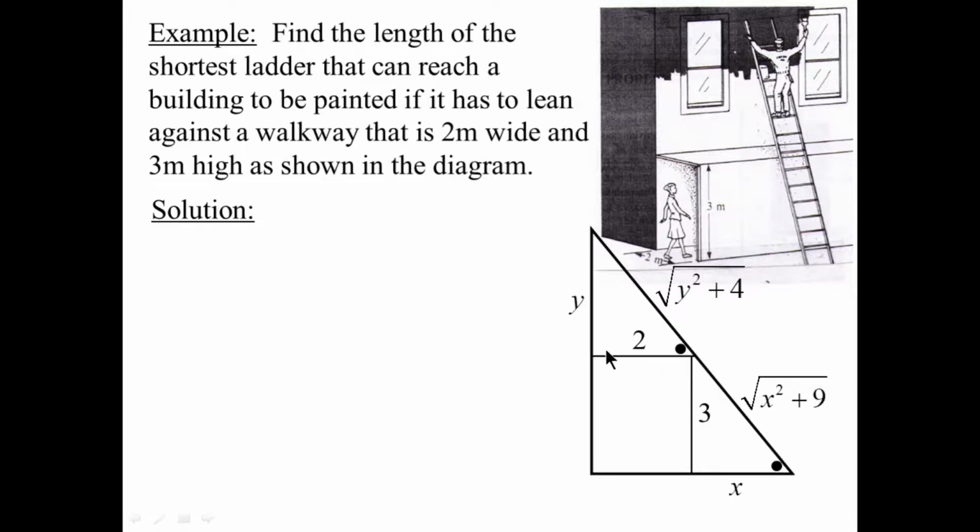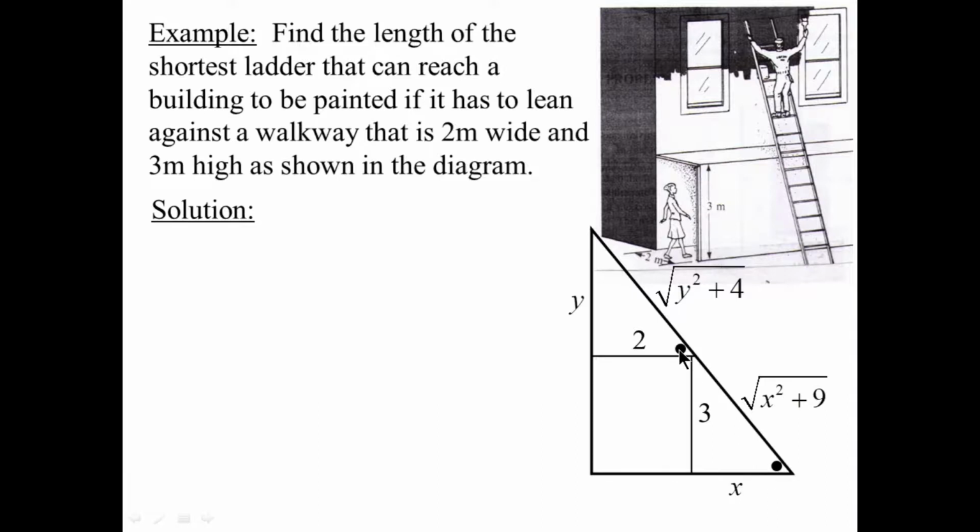The roof of this structure is parallel to the ground, and so this line is parallel to this line, and therefore the angle in the corner here must be the same as the angle in the corner here. They're called corresponding angles, and they form, in this case, an upside down and backwards F pattern.